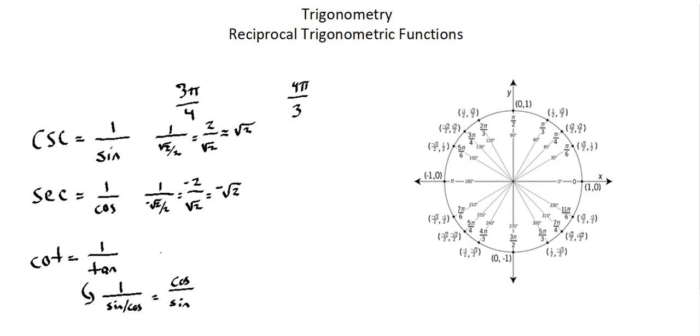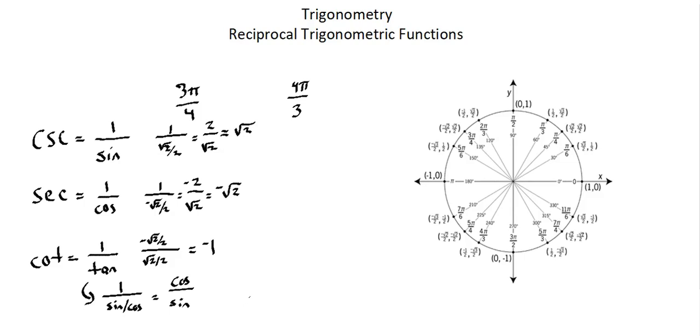So looking at my points at 3 pi over 4, I have the cosine value, negative root 2 over 2, divided by the sine value of positive root 2 over 2, which is negative 1. So these are examples of cosecant, secant, and cotangent.